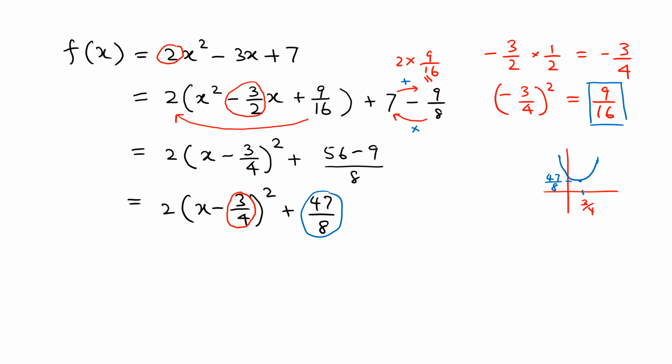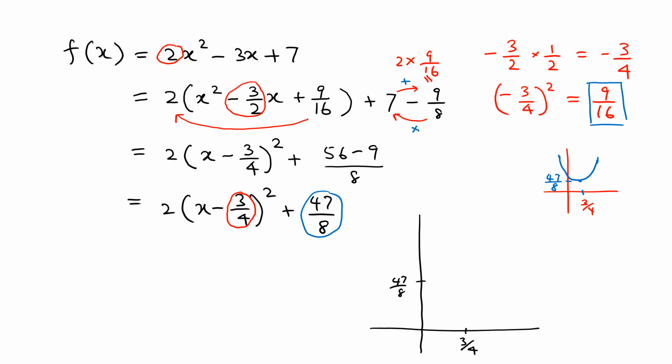So that means it's going to help you graph the function. If I do it in a neat fashion, these are the two axes, and we have those two numbers. One number is 3/4. The other number is 47 over 8, which is slightly less than 6.